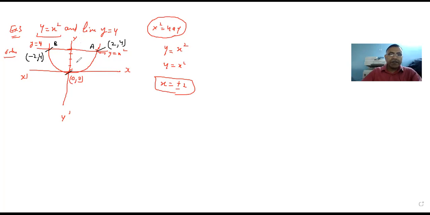Now I know that this is symmetric about the y-axis, because दो इस तरफ है, दो इस तरफ है. So what I will do, I will find out the area of this region and I will multiply it by 2. So first I will find out the area of ACO.